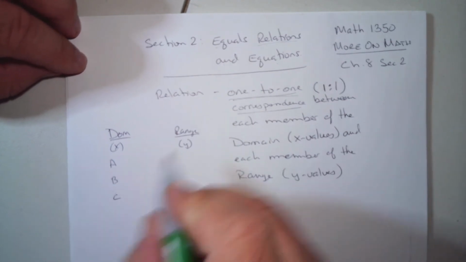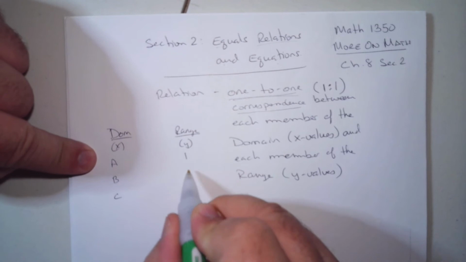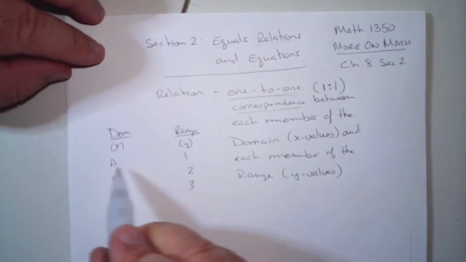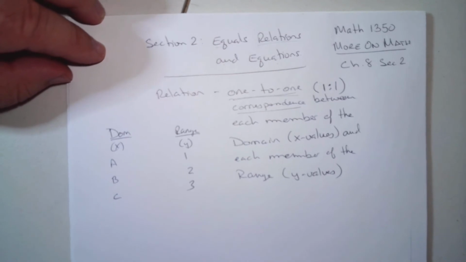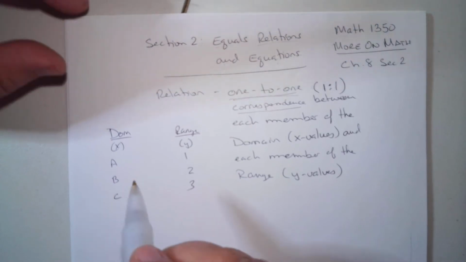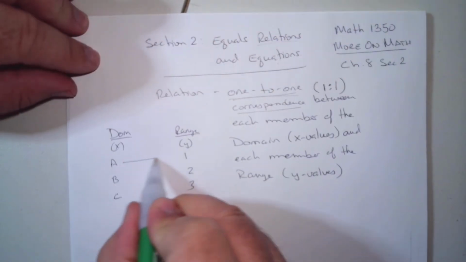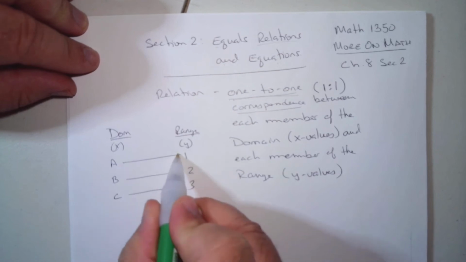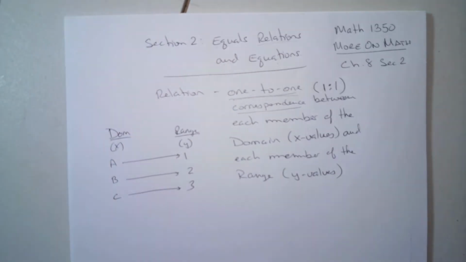Can person A send the exact same letter to more than one person in the range? No. If you have one letter, you can make copies of it. Copies can go, but each one has to go to an individual person. Those are relations.